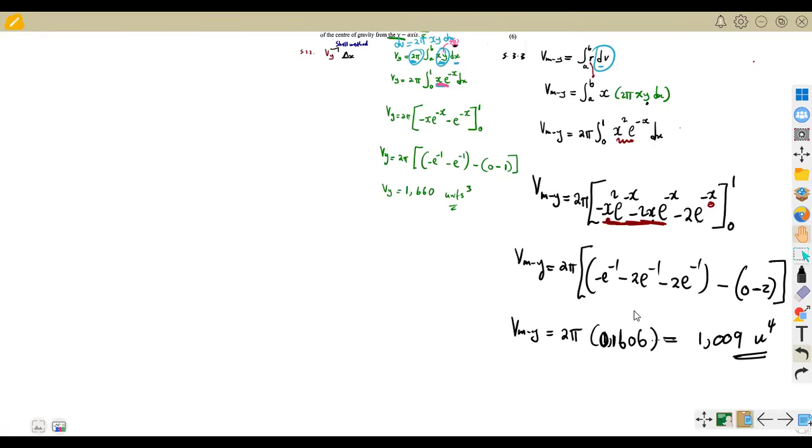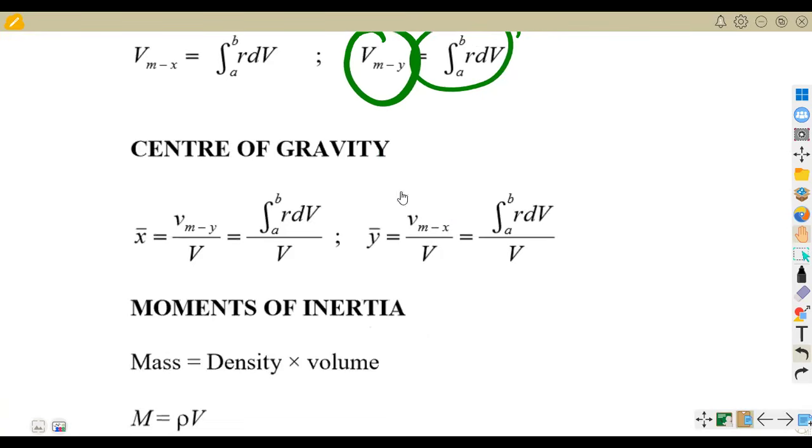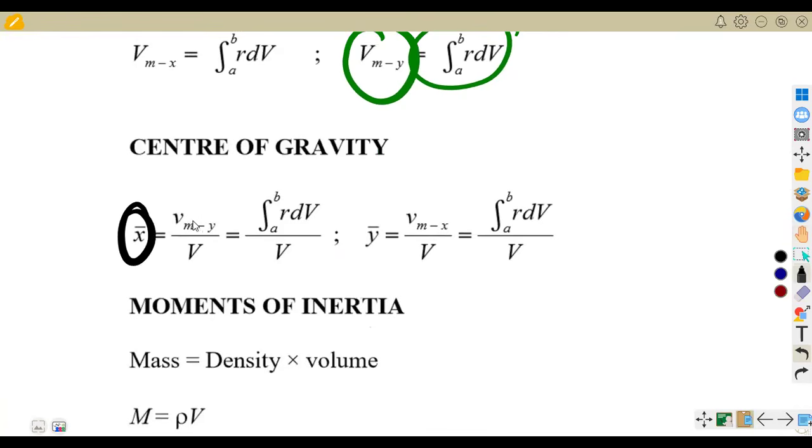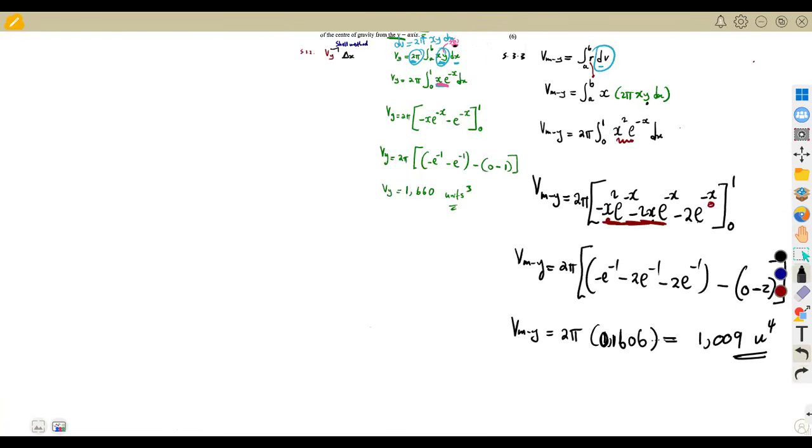If you check our formula sheet, for the center of gravity, x bar is the volume moment for y over the volume calculated before.